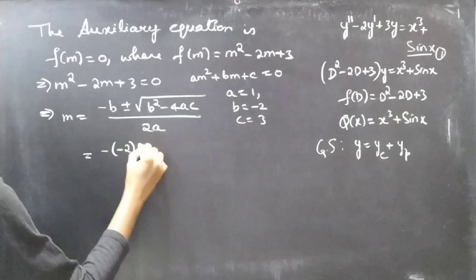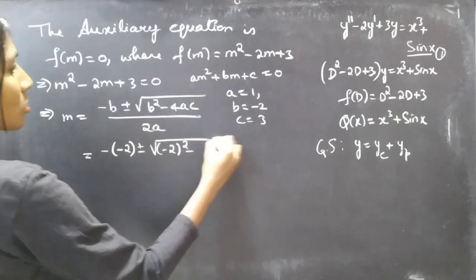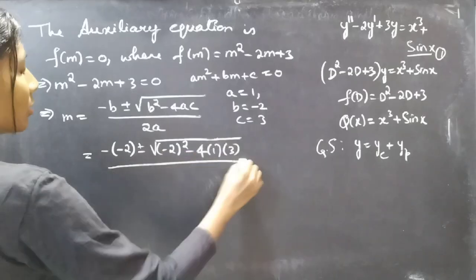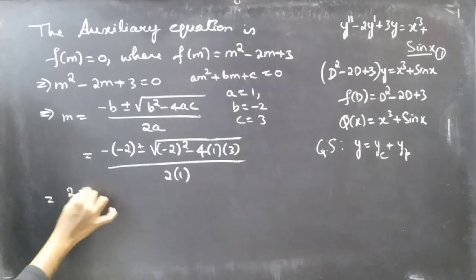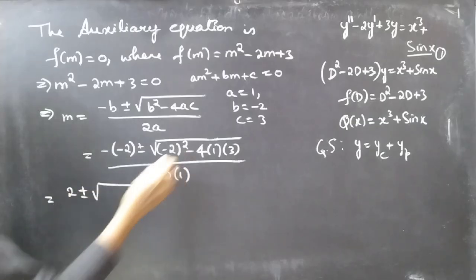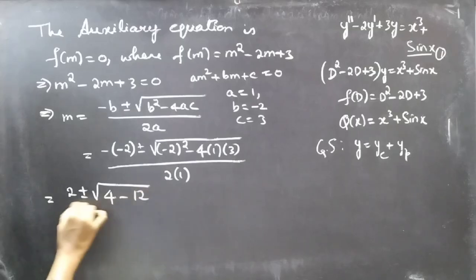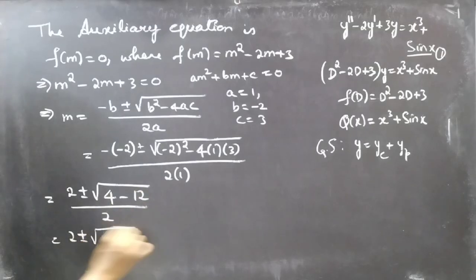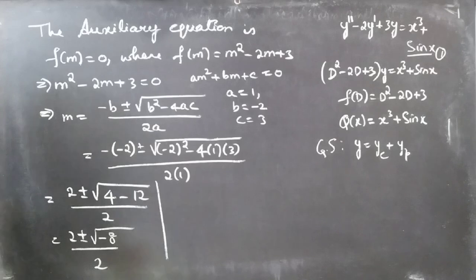Minus b plus or minus square root of b square minus 4ac by 2a, right? This gives us 2 plus or minus square root of minus 2 square, 4, minus 4 into 3 is 12, by 2, which gives us 2 plus or minus square root of 4 minus 12, which gives minus 8, by 2.